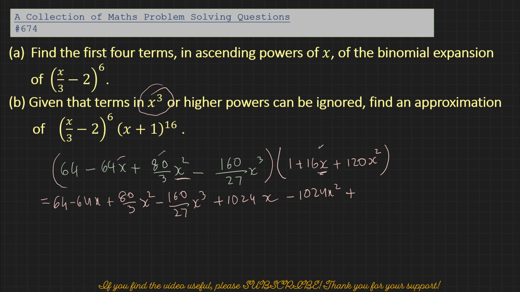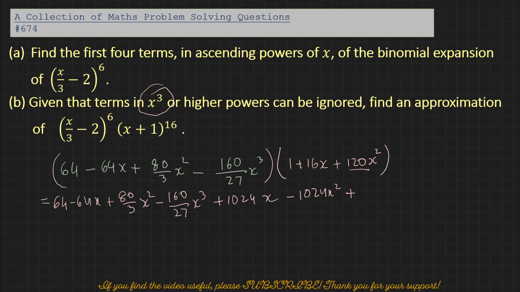So I am left with 1024x², right? Then I have to multiply with 120x², the terms in the first bracket.